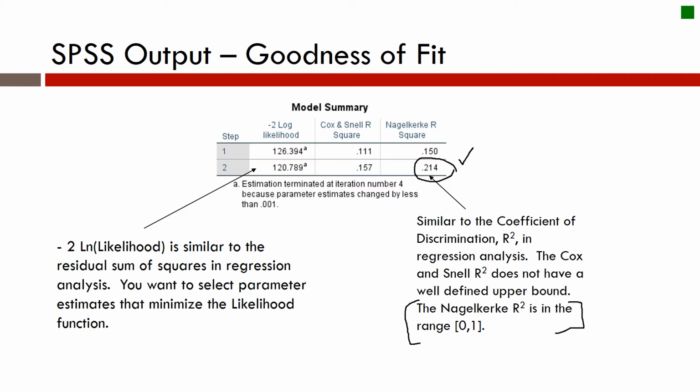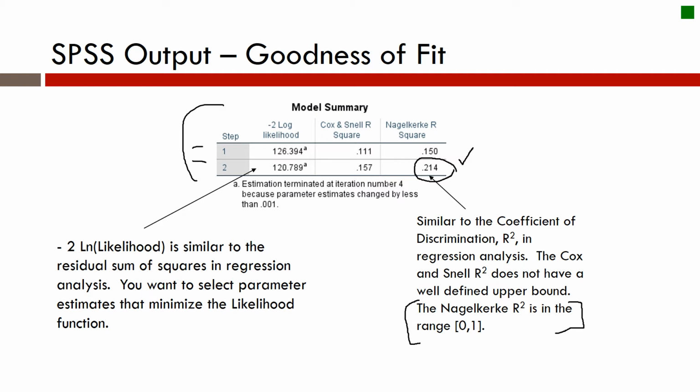The minus 2 LL is actually, as it states here, similar to the residual sum of squares. As you have a better fitting model, this will go down. Now, in this particular approach, we used a stepwise regression. It was a forward Wald, and there were 2 steps that were created.